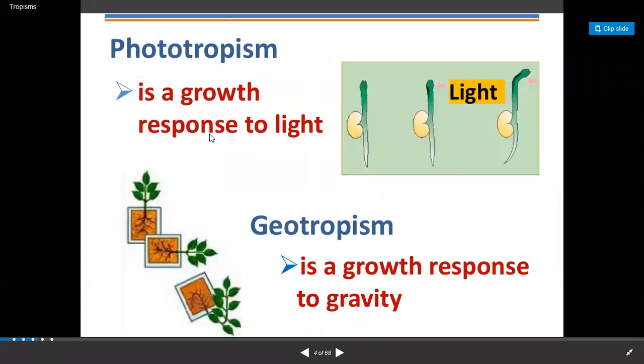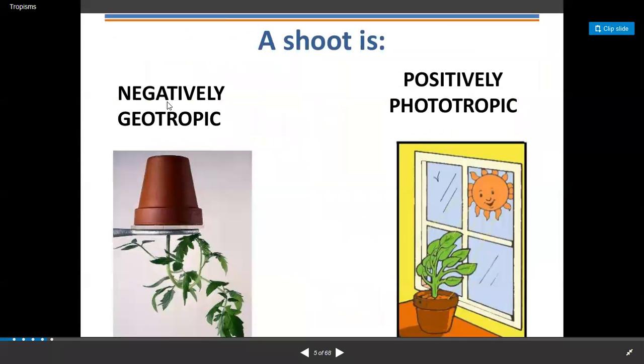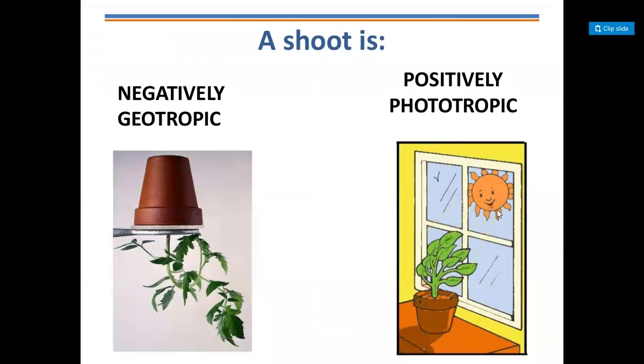Phototropism is a growth response to light. Geotropism is a growth response to gravity. The shoot part grows away from the gravitational force, so it is called negatively geotropic. The shoot portion grows towards the sunlight, so it is positively phototropic.